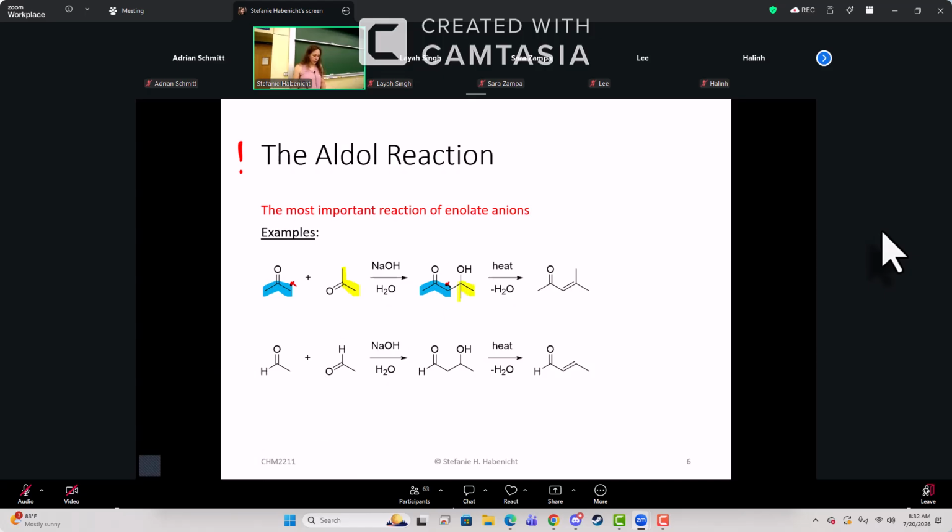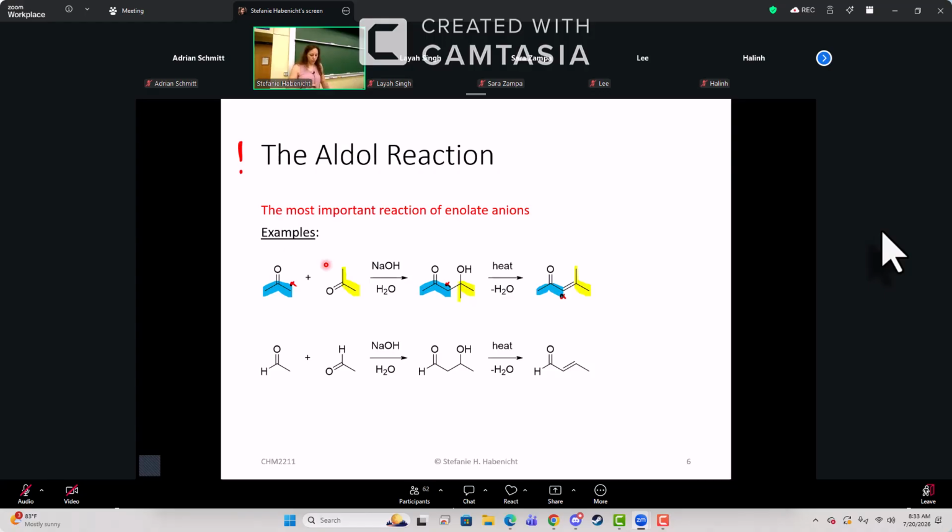Initially, there will be an addition to form this beta hydroxyketone, and if heat is applied, dehydration readily occurs. And so what happens overall? We form a double bond between the alpha position of one of our ketone equivalents and the carbonyl carbon of the other. Just connect this to that, make a double bond, that's your product.